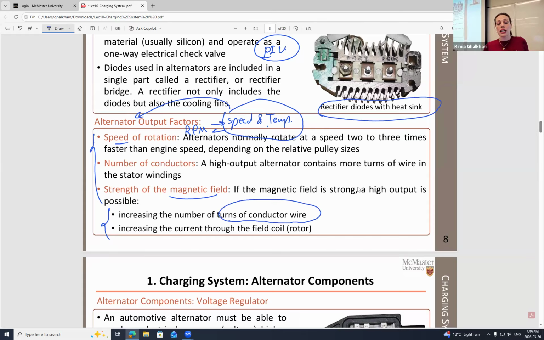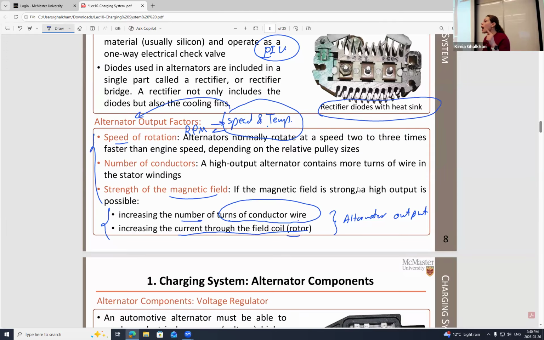And of course, we can increase the current through the rotor. This is how we can increase the alternator output. We can increase it by increasing the number of wires or by increasing the current through the rotor.